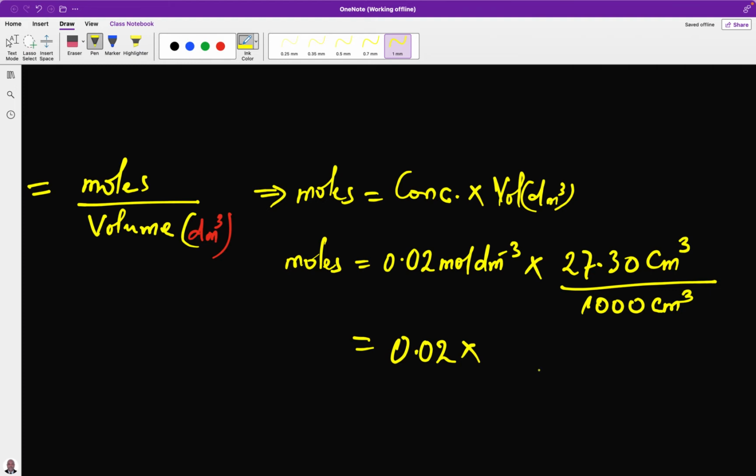We will have 0.0273, which will be equal to that times 0.02.